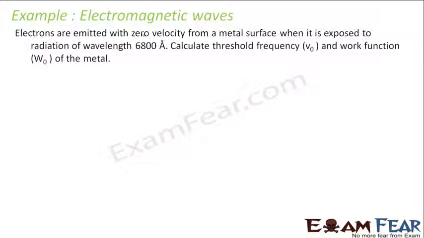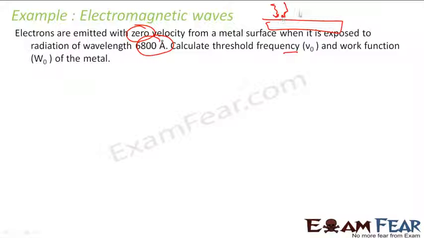Electrons are emitted with zero velocity from a metal surface, that means kinetic energy is zero, when it is exposed to radiation of wavelength 6800 Armstrong. We define the threshold frequency and the work function of the metal. So if you see, this is the metal, this is my radiation, there is no kinetic energy.